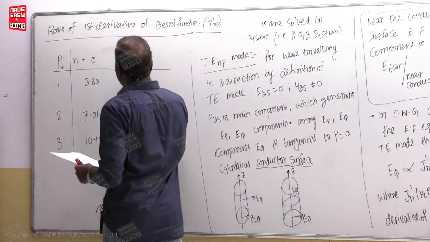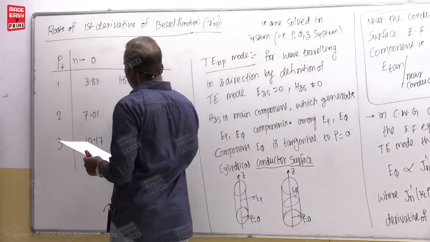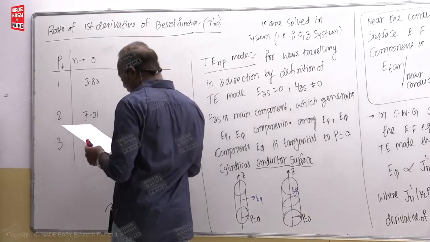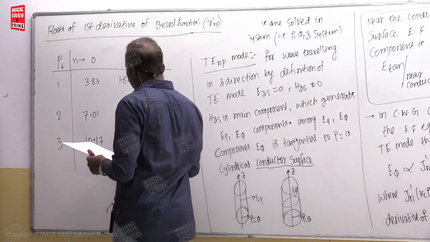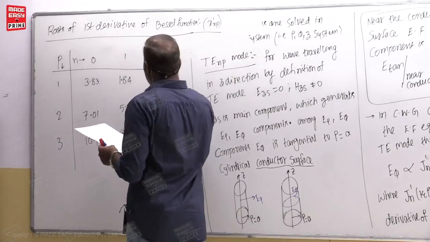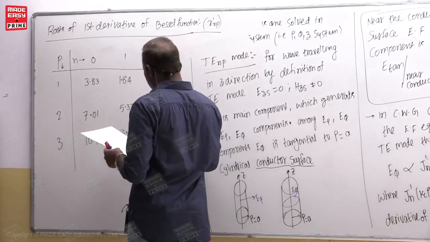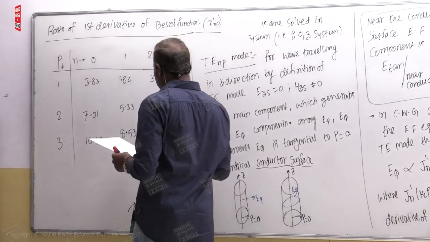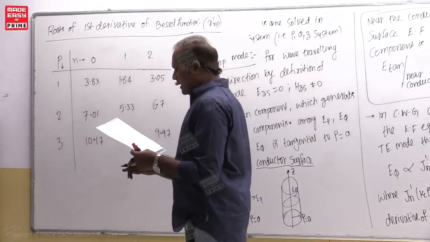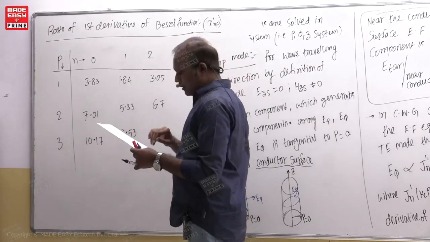This is 1.84. This is the least one. 5.33, 8.53, 3.05, 6.7, 9.97. You can see it has the least value, students.